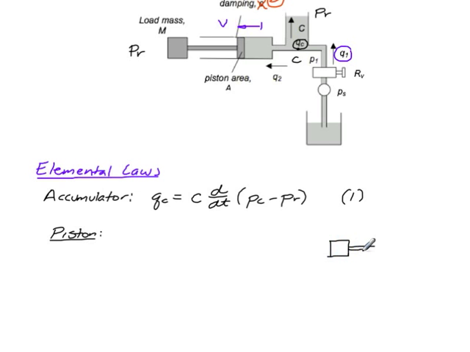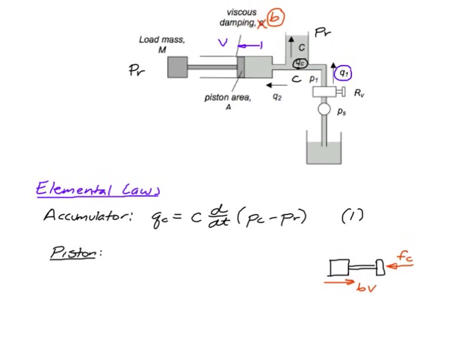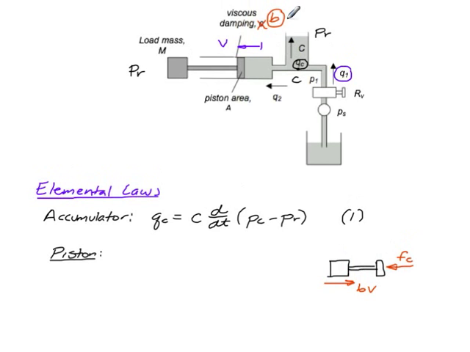So if we put the piston and the mass load on here, I've got a force FC, which will be the pressure of the hydraulics acting there on the right hand side, and there's going to be a damping force, which is represented by B times V. So please also note that I changed the viscous damping coefficient up here from C up to B. The reason is I don't want to confuse the lowercase c for damping with the accumulator constant there of C. So please make that change.